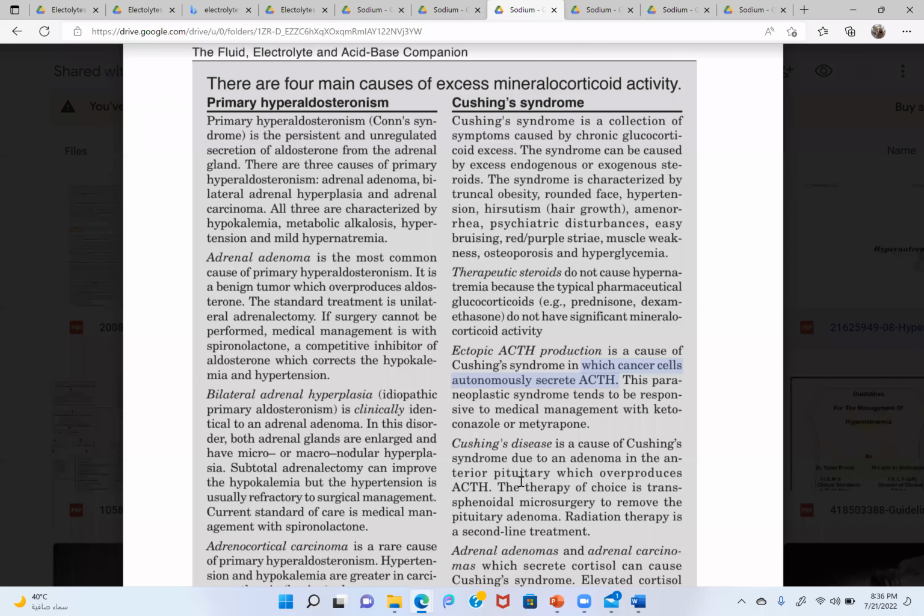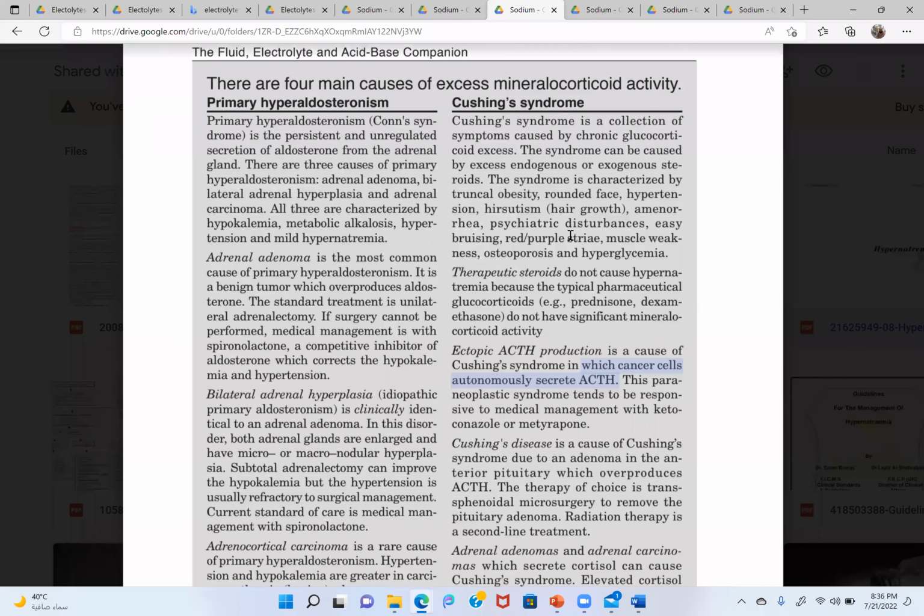Okay, Cushing syndrome will be because of excessive cortisol. What is the difference between Cushing's disease and Cushing syndrome? Sir, Cushing's disease is central. Yes, you are right.